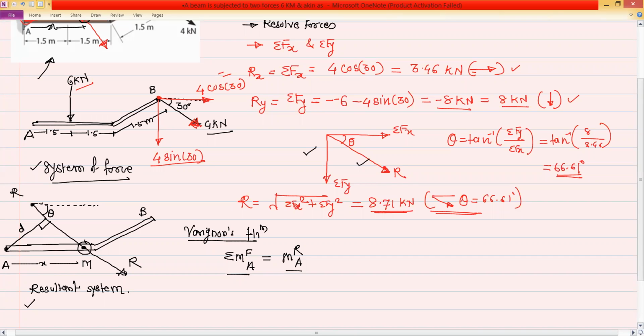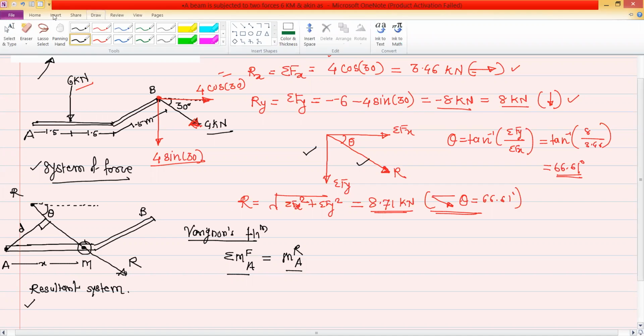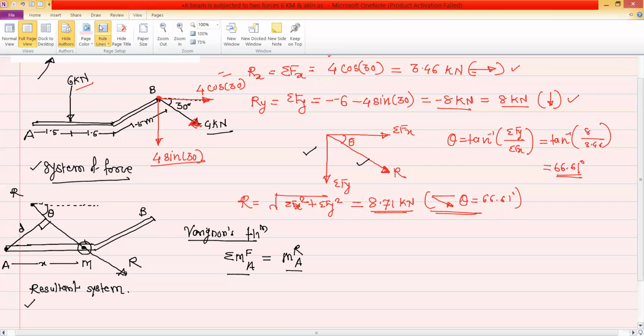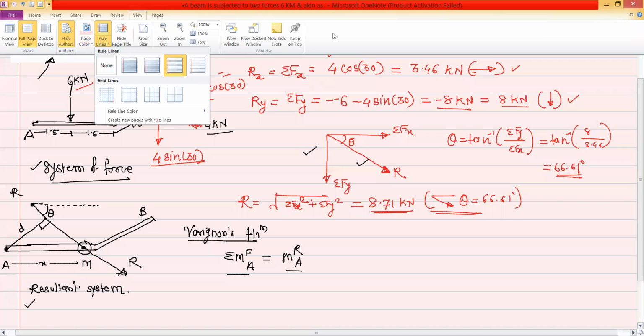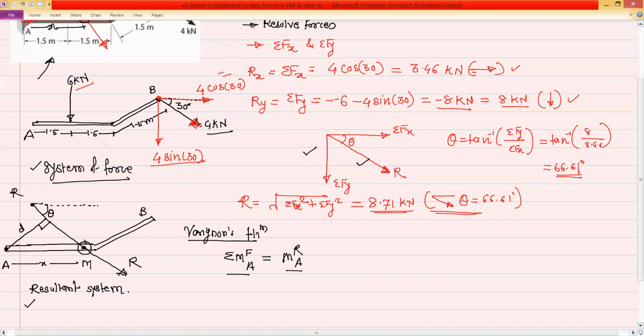So refer to this system of forces. By referring to this system, that is the system of forces, we will find out the summation of moments by all the forces about A.